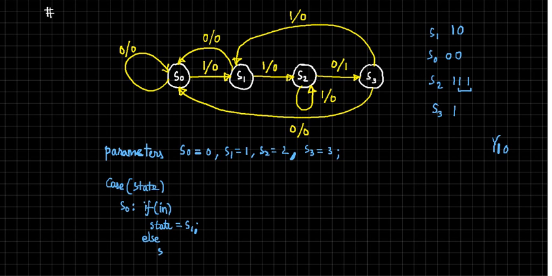But wait, we didn't specify the output, right? We'll have to specify the output also, right? So if there are multiple statements in if, we need to specify begin and end. Okay, so how you can do that? Like this. So I'm just elaborating this as 0 part.